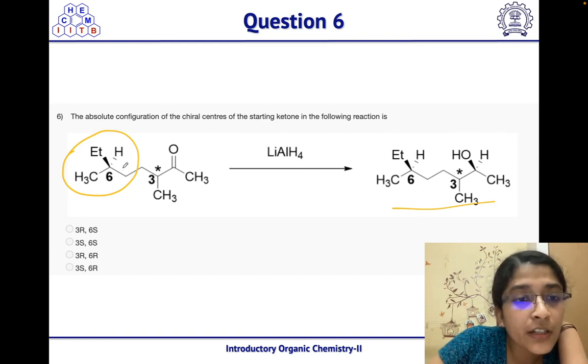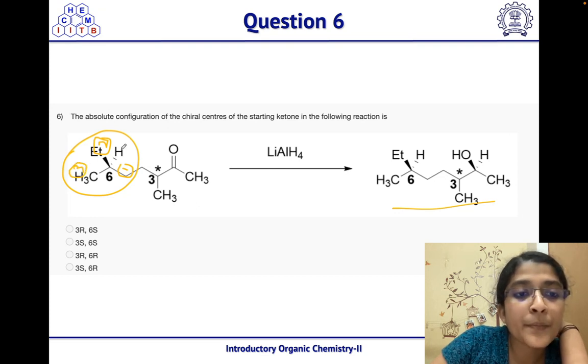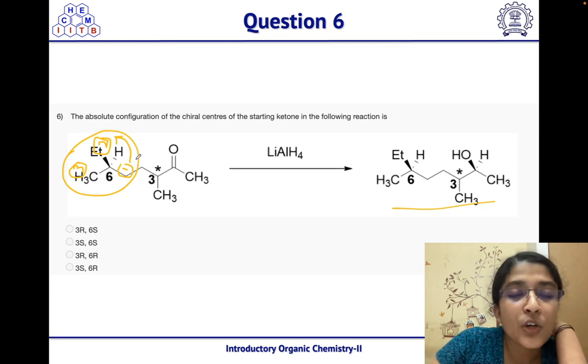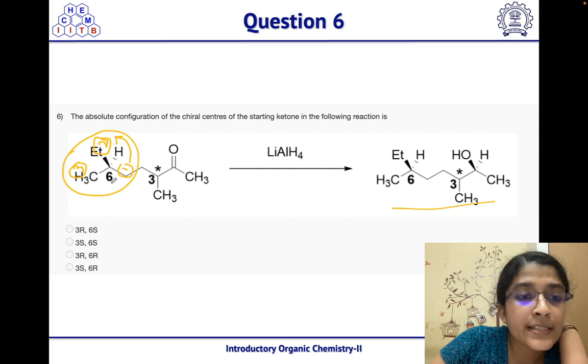We can give this R group priority 1, this priority 2, and this priority 3 according to their substitution, and hydrogen priority 4. So this is going in anti-clockwise direction. Anti-clockwise means it will be S configuration. So at 6 it will be S configuration. This is clear, right? So we can rule out options 3 and 4.